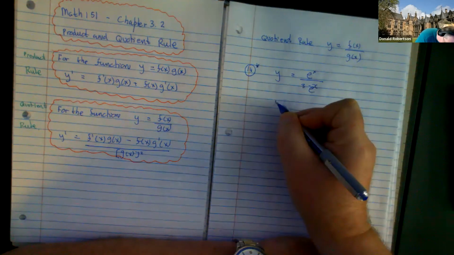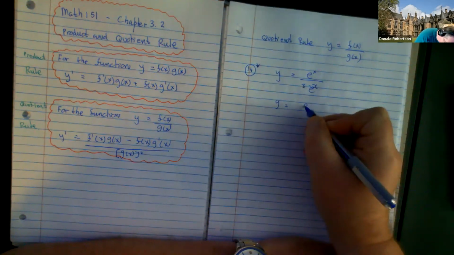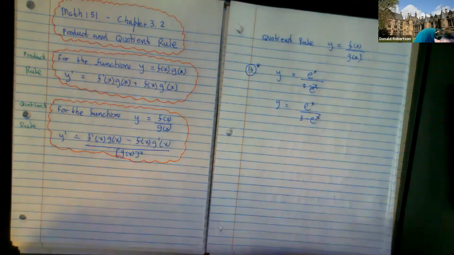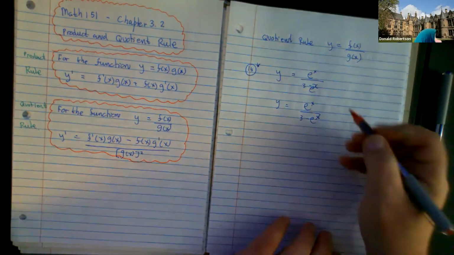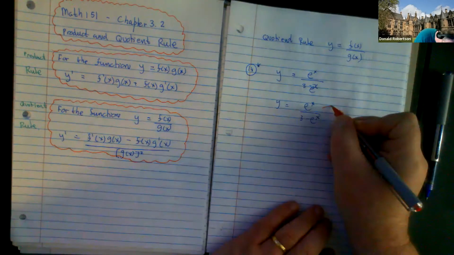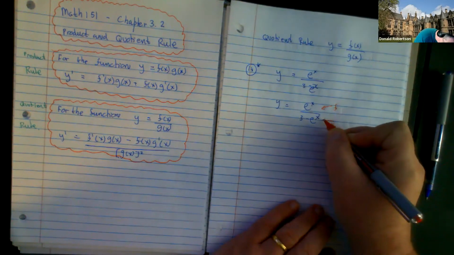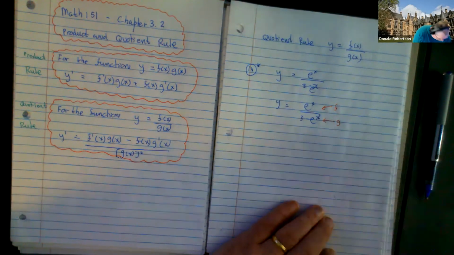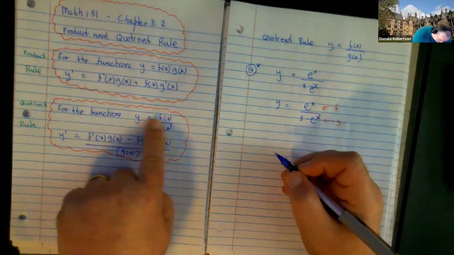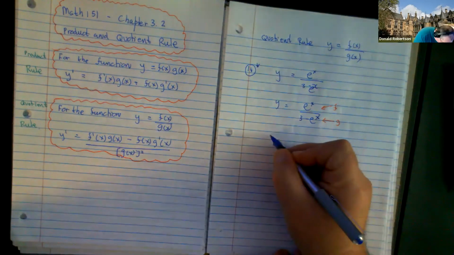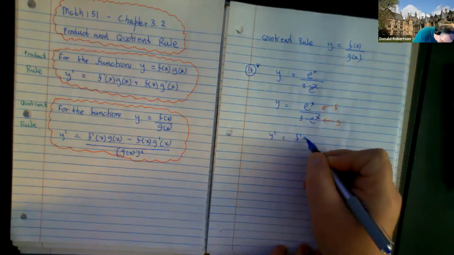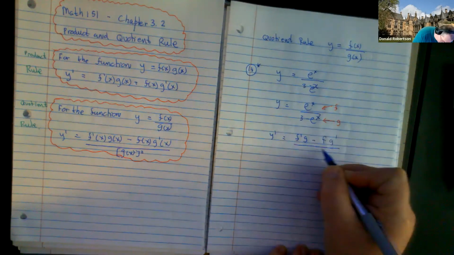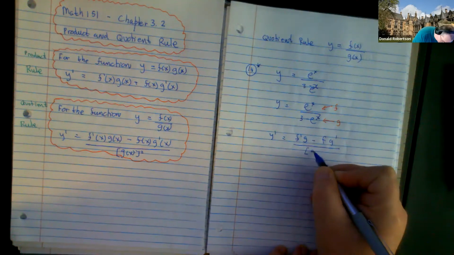Now, the top function, in this case, e to the x, is called f. The bottom function, in this case, 3 minus e to the x, is called g. And the quotient rule is this one over here. And it says that the derivative is f dash g, take away f of g dashed, all over g squared.